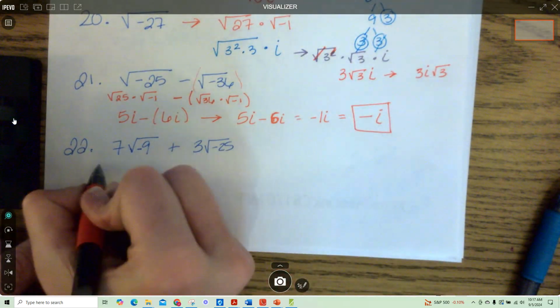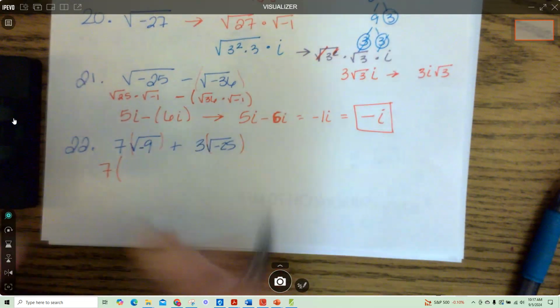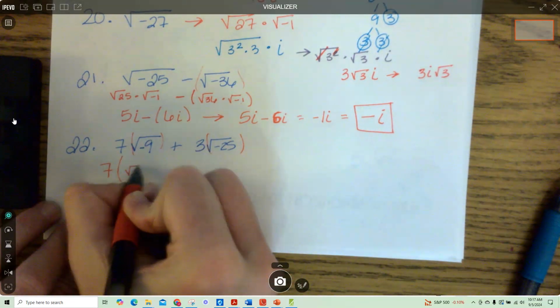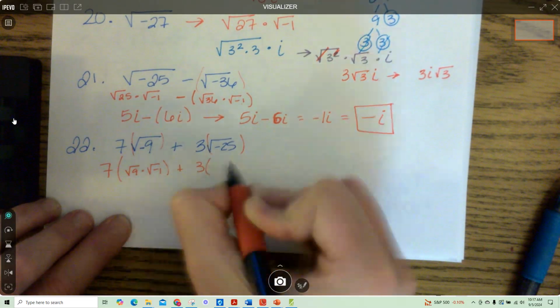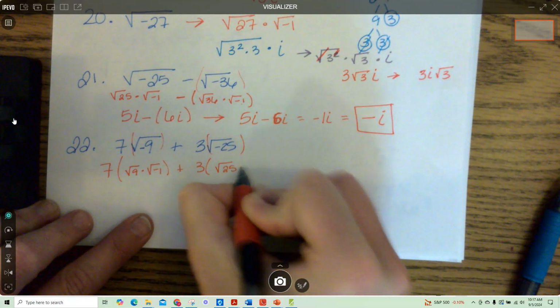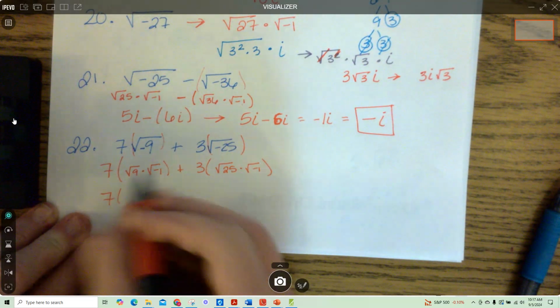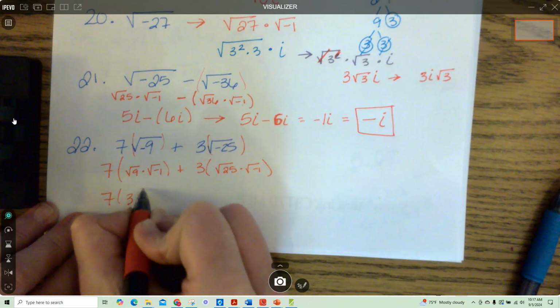Okay, 22. This right here, again, I'm going to use parentheses just to keep everything sorted and then go back and clean it up. So this would be the square root of 9 times the square root of negative 1. This would be the square root of 25 times the square root of negative 1. Square root of 9 is a 3. Square root of negative 1 is an i.